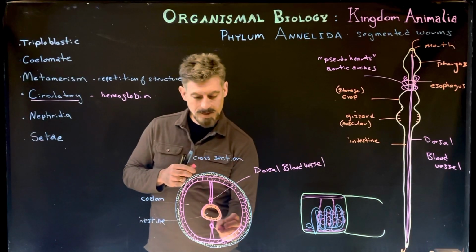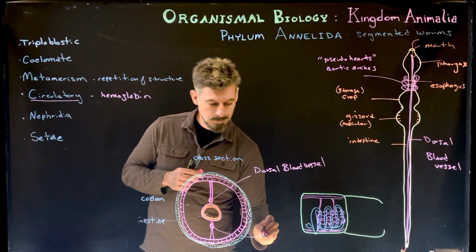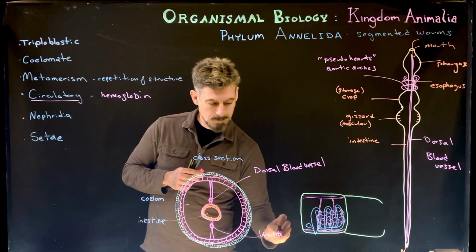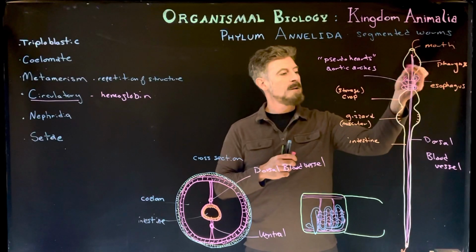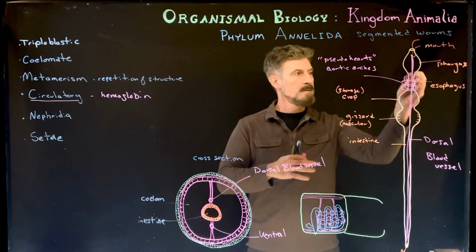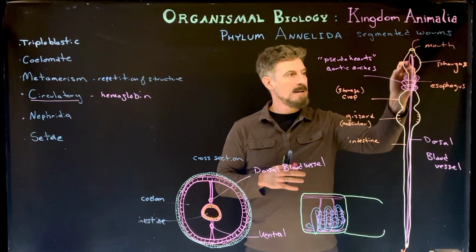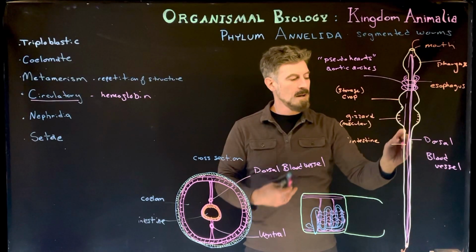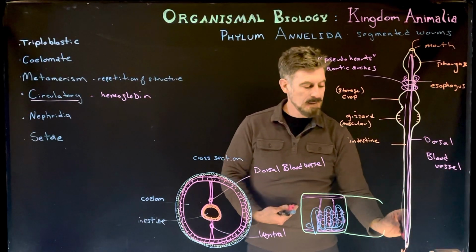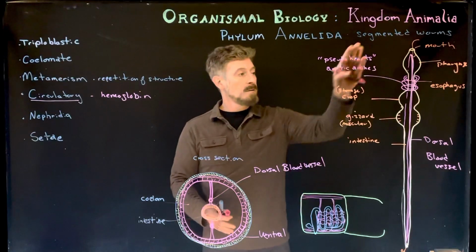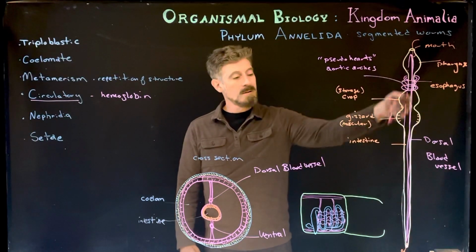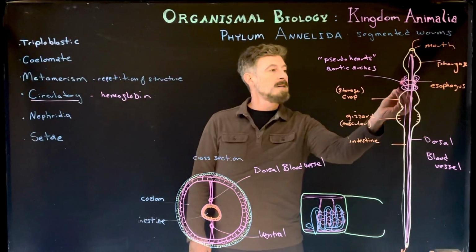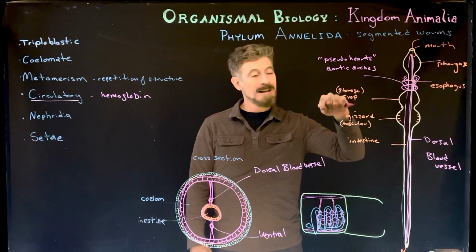And then obviously this would be the ventral blood vessel, which is hard for me to draw because it would be on the opposite side of this screen, but there'll be another blood vessel running along the underside of this structure. So along the dorsal side of the digestive tract is one blood vessel and along the ventral side is another. And then there are these rings, these aortic arches, that connect them together.